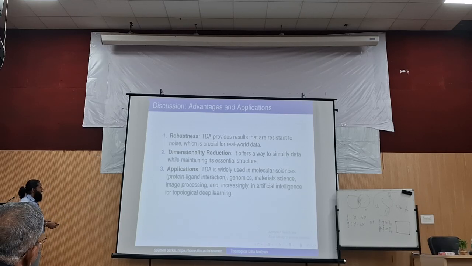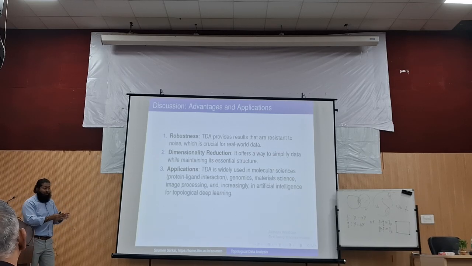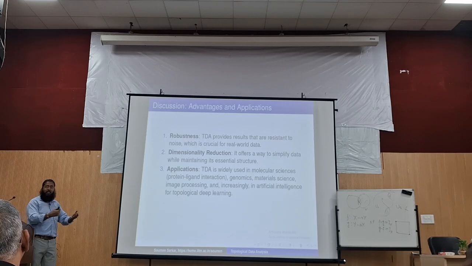So it is now applied in many places, in genomics, material science, image processing, and here you can see how many open problems you will get. We know topologically we know the algorithm, but how to fit it in the machine language, and how much faster it will be. It is amazing.